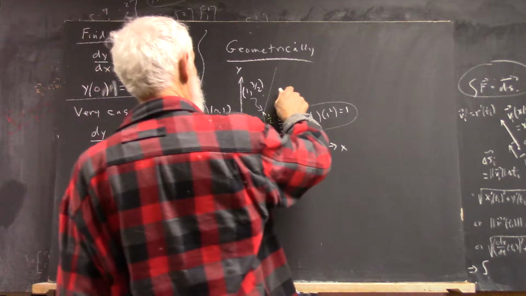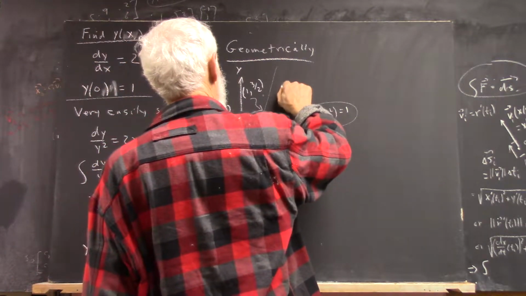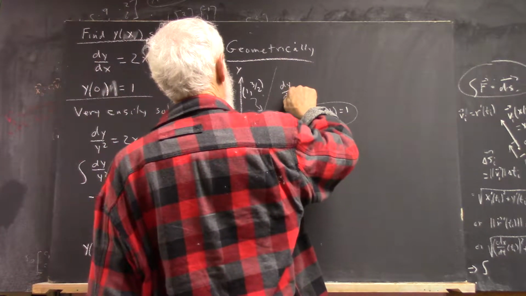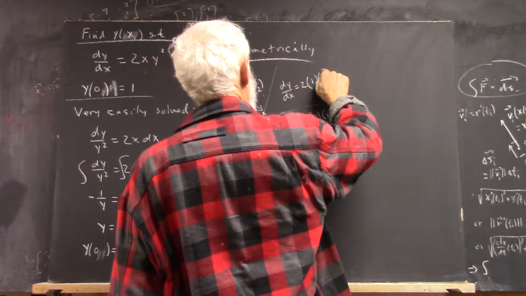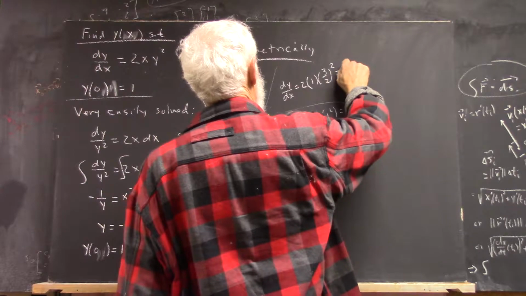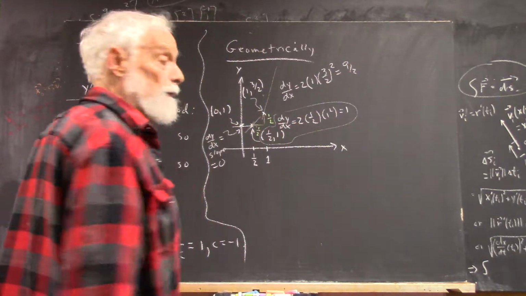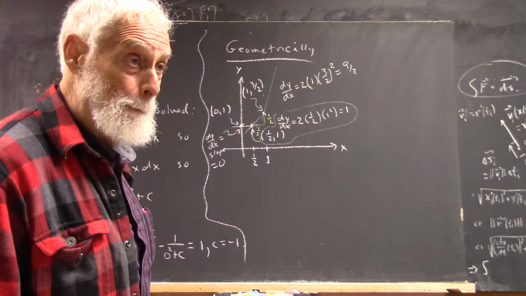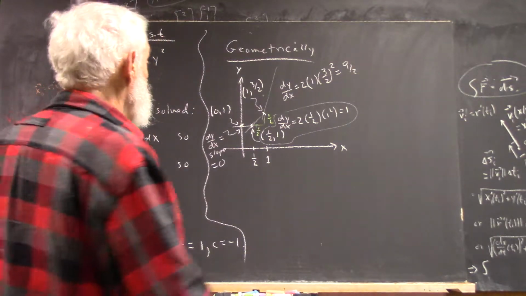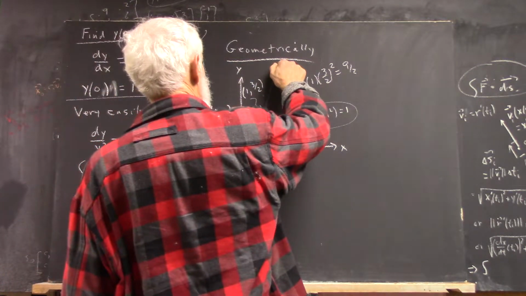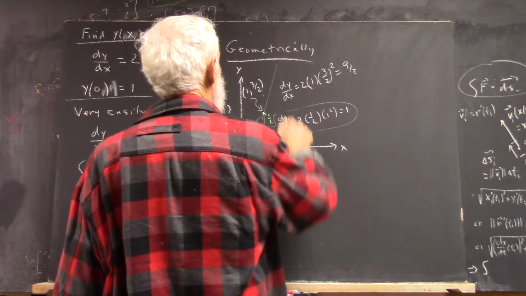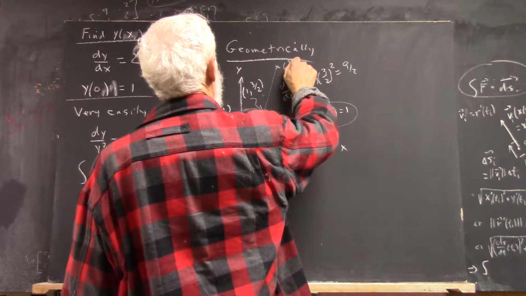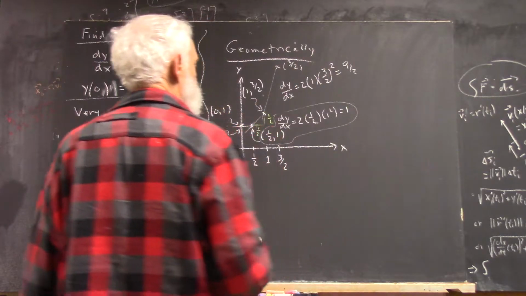And now we're going to say that at this point, dy/dx is 2 times 1 times (3/2) squared, which is 9/2, 4.5. Getting very steep, right? Okay, so now we go out here and we're up to the point 3/2.